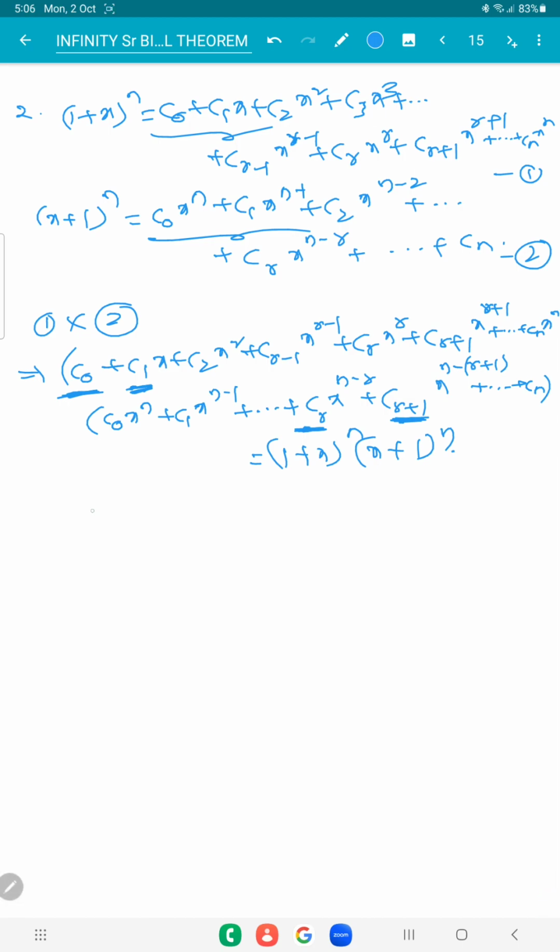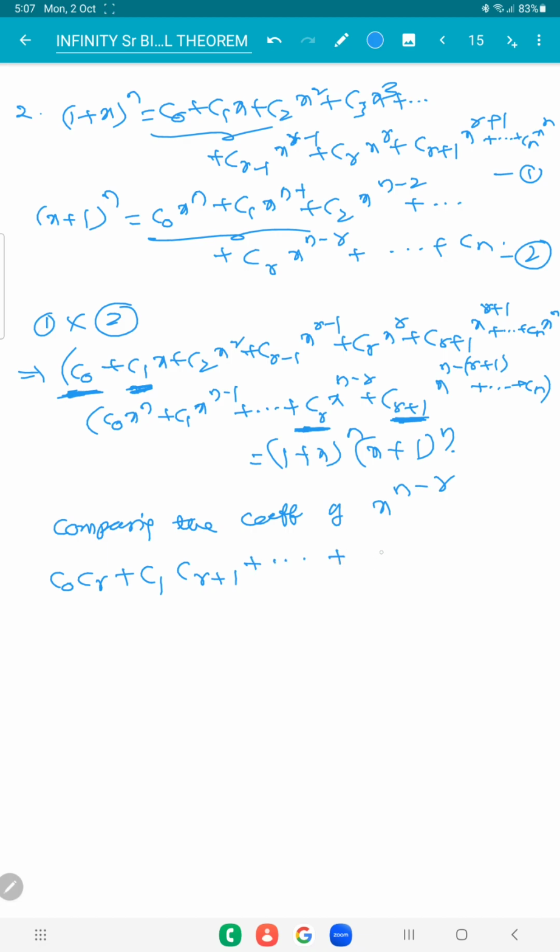So it is better to compare. Now comparing the coefficients of x power n minus r. So c0 cr will get x power n minus r. The next one is c1 cr plus 1. What will you get? Coefficient of x power n minus r, plus and so on plus.